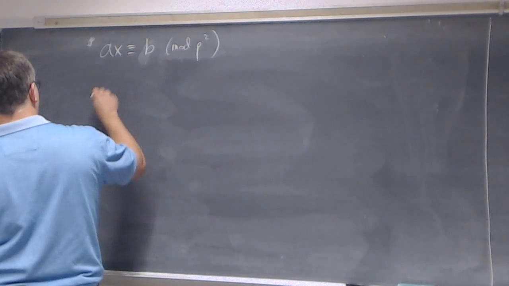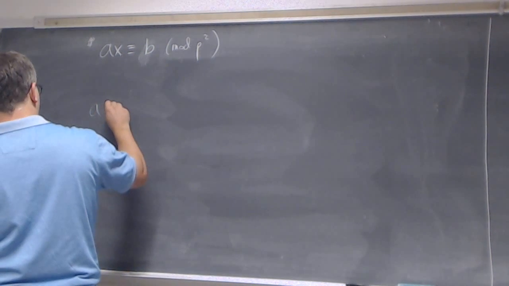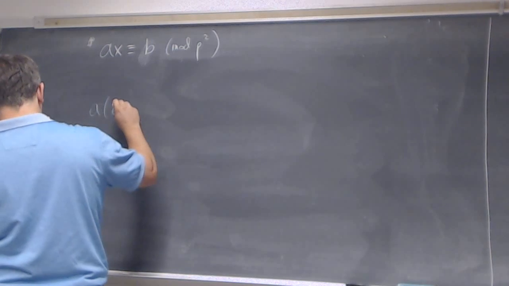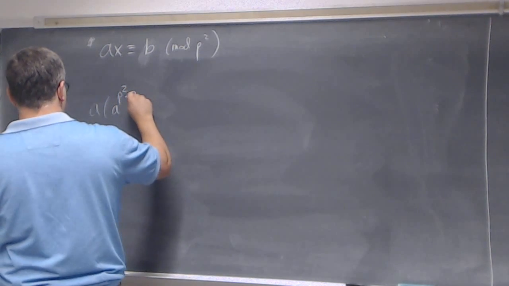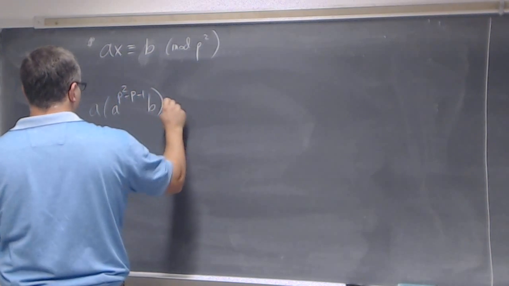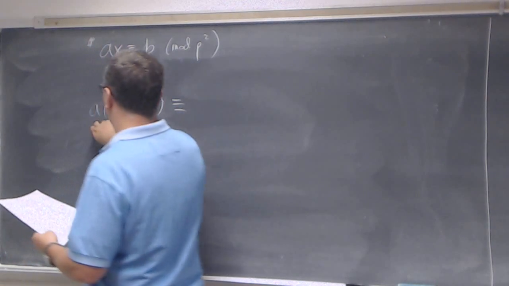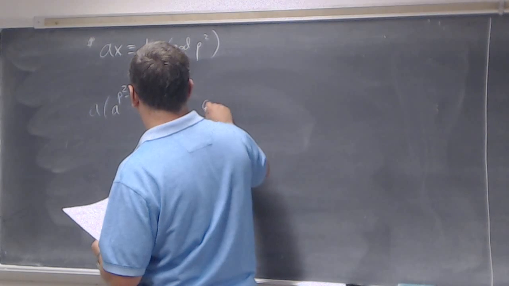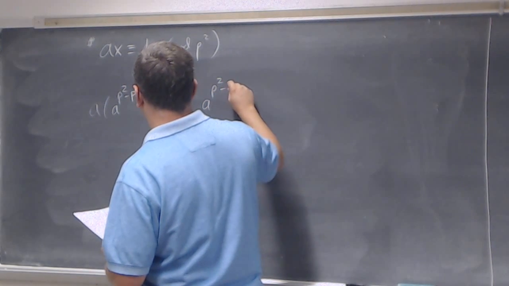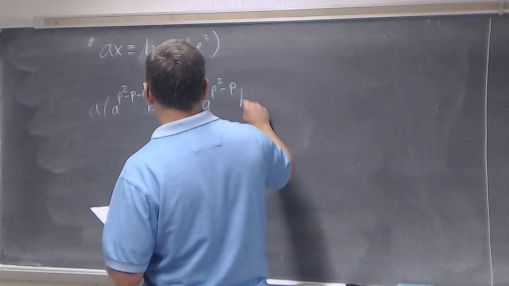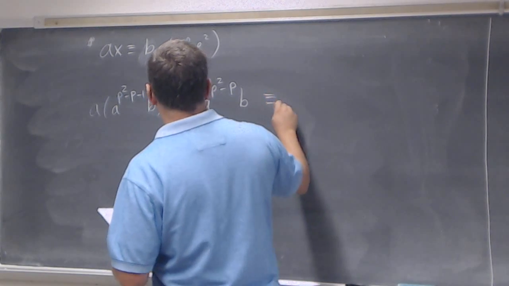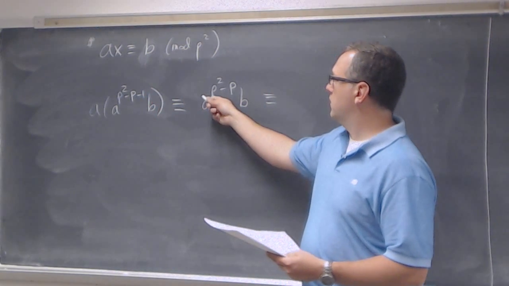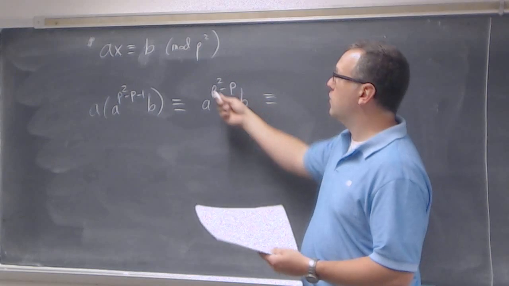So what do you get when you plug in a to the p squared minus p minus 1 times b for x? Combining powers of a, you get a to the p squared minus p times b. And I was hoping you'd recognize this should equal b.